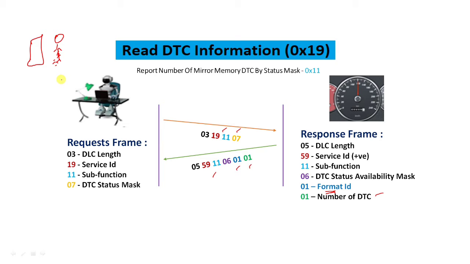It will store the data. It will not be cleared with clear DTC. If you give 14 FF, the main memory will be removed, but the mirror memory remains the same. Alright, it will not be removed.